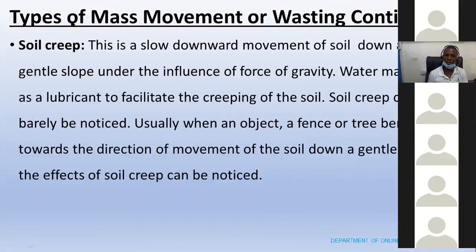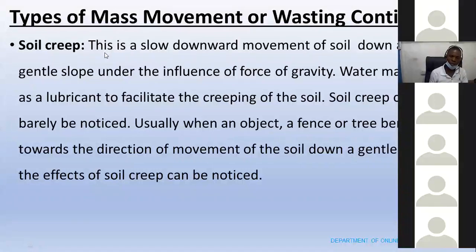So soil creep. We'll look at a brief description of soil creep, and then we'll end the lesson here. Among the four types of mass movement that we have looked at, soil creep is the slowest in terms of the speed or velocity of the movement of the weathered materials downslope.